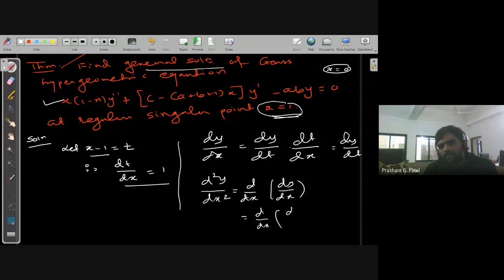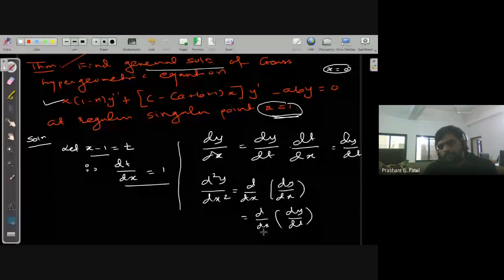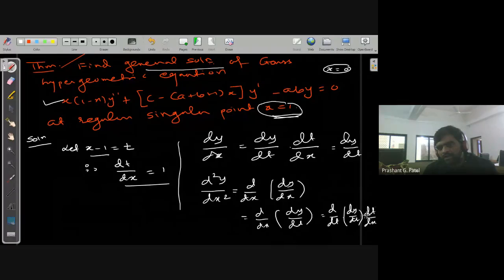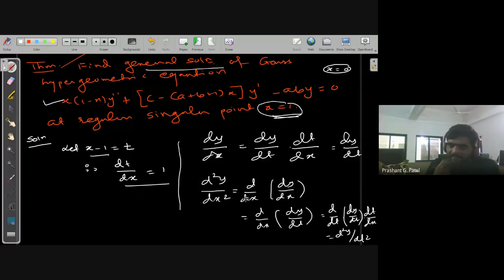And here we apply the chain rule, that is d by dt into dy by dt into dt by dx, but dt by dx is 1, and so this will be nothing but d square y by dt square. So ultimately d square y by dx square is this.